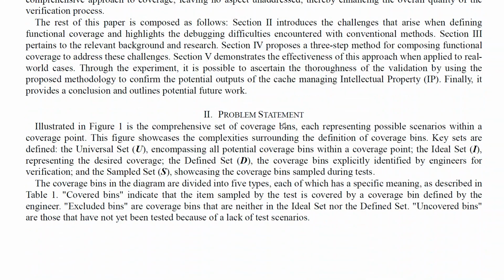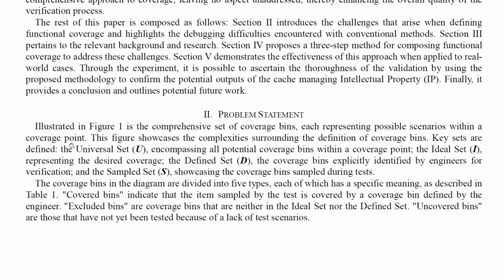The problem statement illustrated in Figure 1 is the comprehensive set of coverage bins, each representing the possible scenarios within a coverage point. This figure showcases the complexity surrounding the definition of coverage bins.